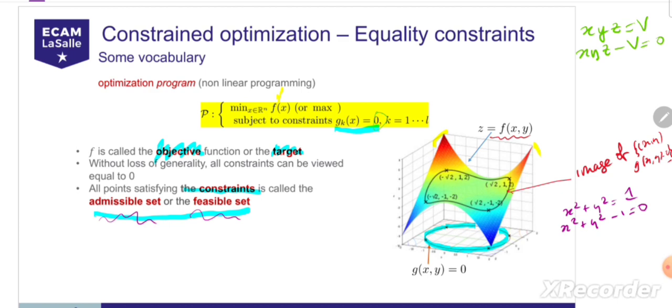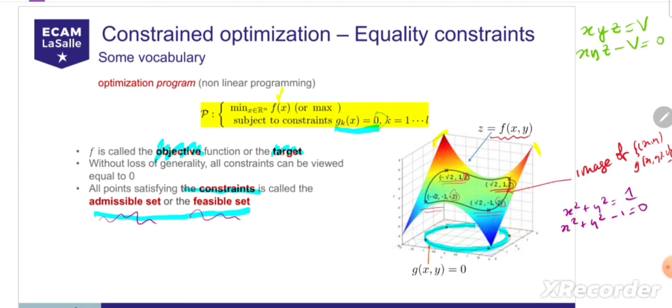And what we are looking for in this constrained optimization problem is what would be the highest value. Here we see that we probably have two points that correspond to the same highest value, and what would be the lowest value that I get. This is the z, so we have value 2 and value -2.